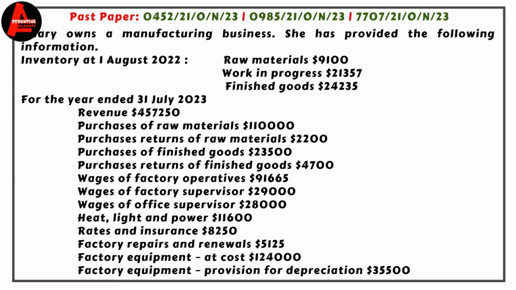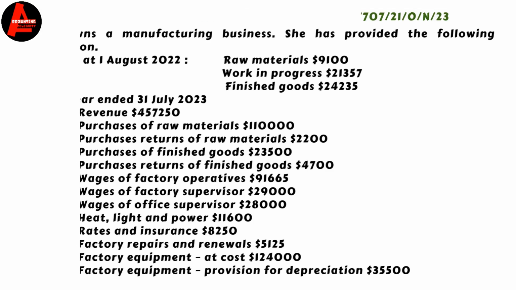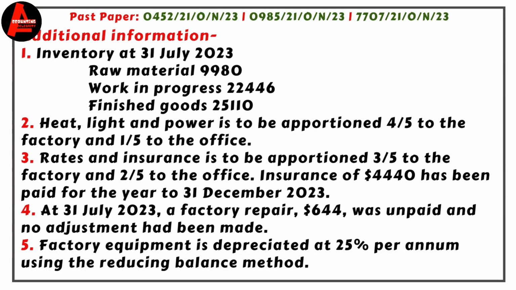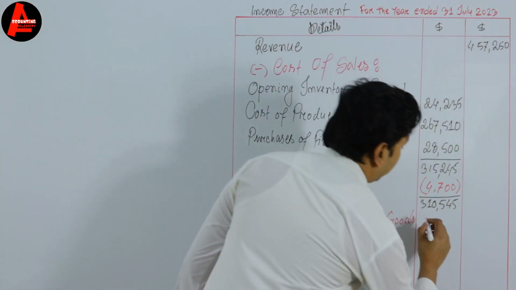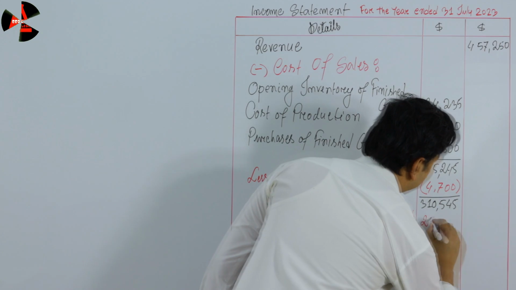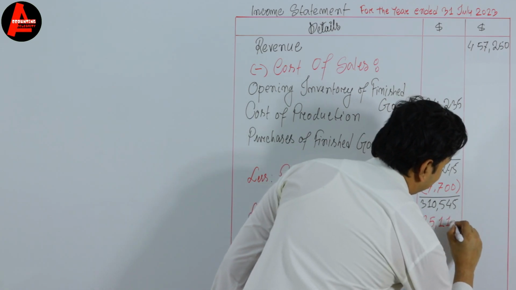This amount is given in the question. Here we see additional information. Number one, inventory at 31st July 2023. Here we see raw materials, work in progress, and the last one is finished goods, which is $25,110. Let us write here 25,110.